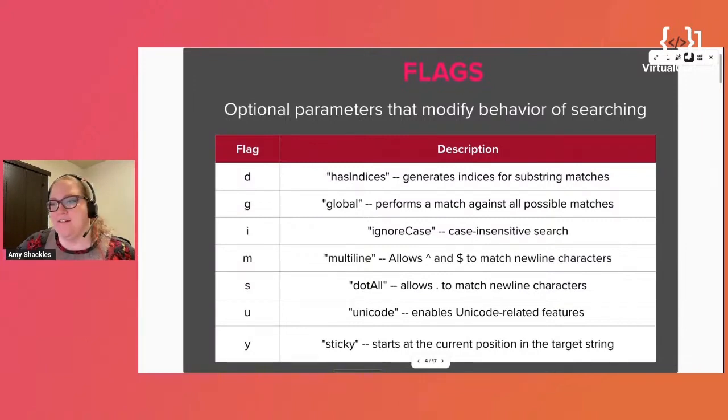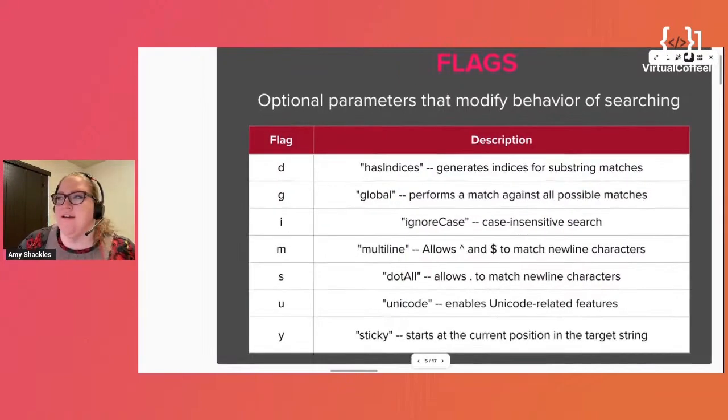The Unicode flag, which allows for better Unicode feature support, and the ignore case flag, which means that you can write a regular expression with only one case and it matches both. Like if you include capital A through Z, it will also match lowercase a through z.